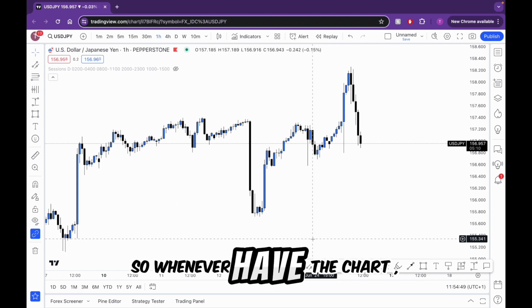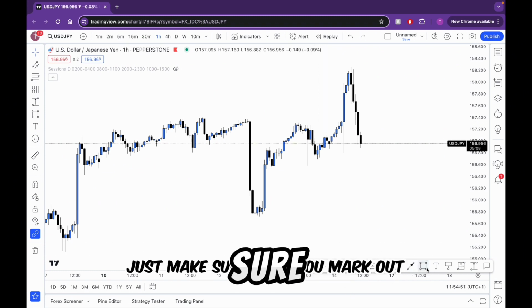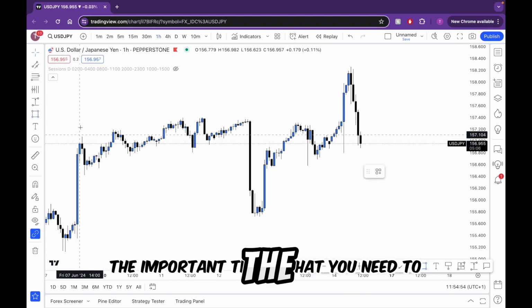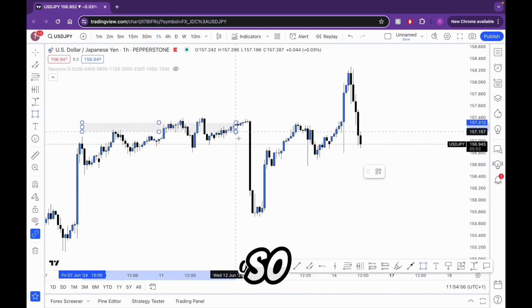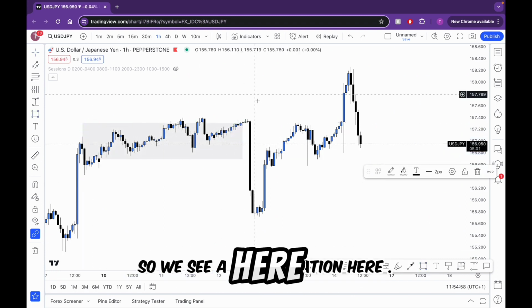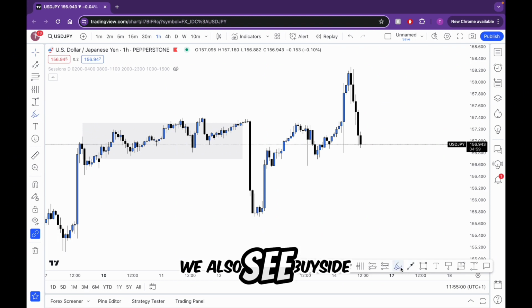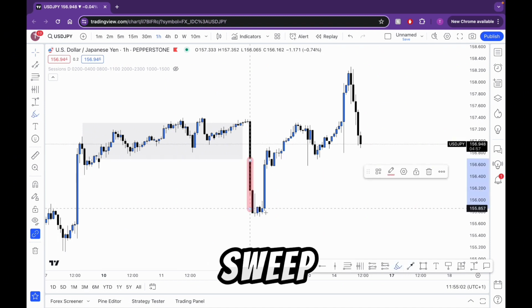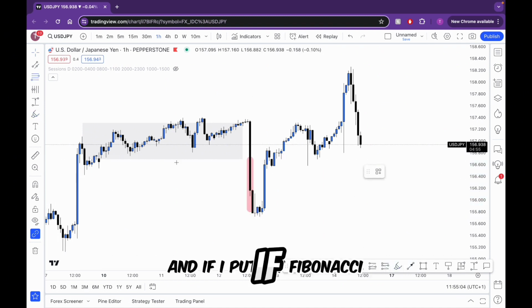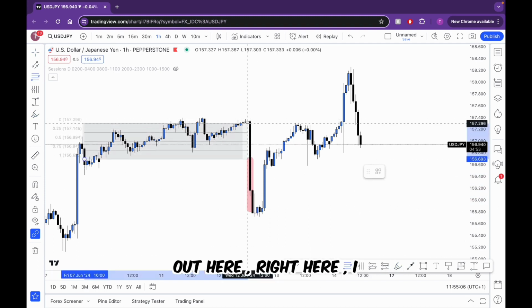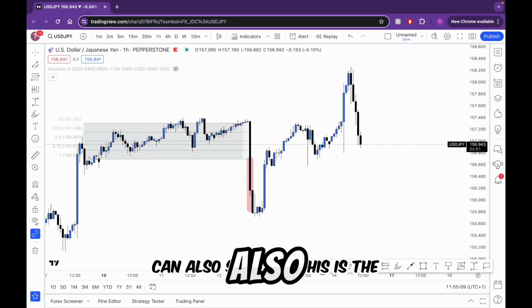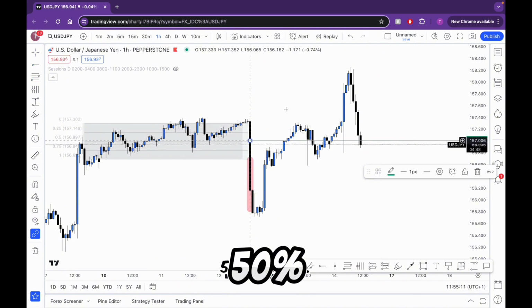Whenever you have the chart, make sure that you mark out the important things that you need to know. We see a consolidation here. We also see a buy side sweep. If I put my Fibonacci right here, I can also see that this is the 50% level.